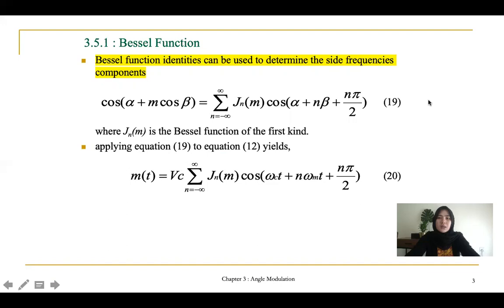Equation 19 here is the Bessel function identity: cos(alpha plus m cos beta) equals this equation, where J_n(m) is the Bessel function of the first kind.